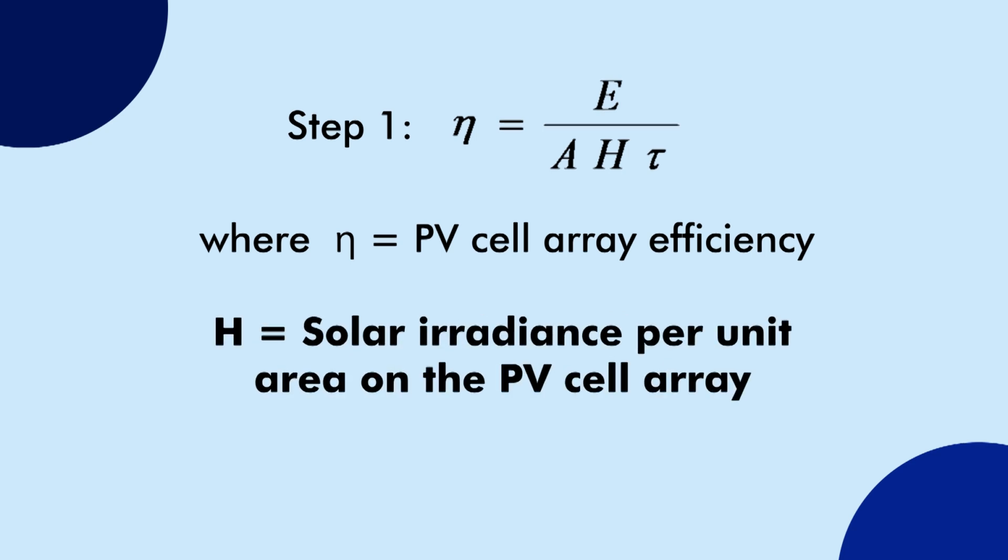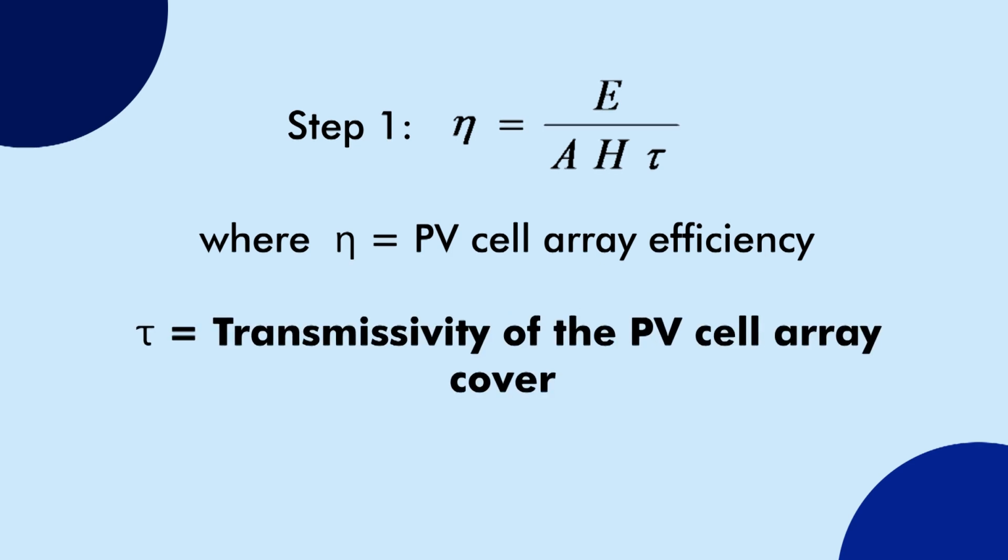Capital H is denoting solar radiation per unit area on the PV cell array. This is generally denoted by I, the intensity, but in this formula the intensity is denoted by capital H. Here you can see another term, tau, which denotes the transmissivity of the PV cell array cover.